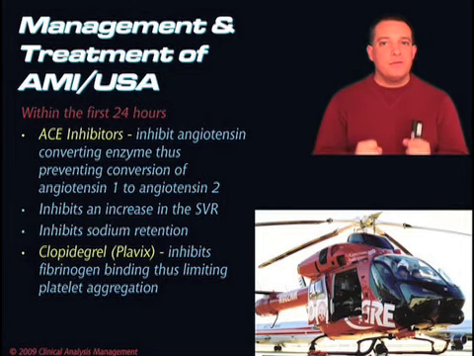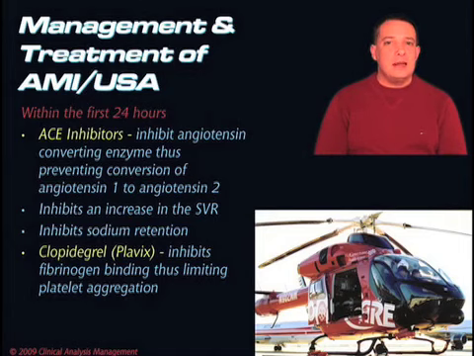Angiotensin 2 is a very profound vasoconstrictor, and so when we put somebody on ACE inhibitors, what we're doing is we're decreasing their afterload. We're decreasing the workload that the heart has to pump against. We have a decrease in SVR, and the other thing that it does is it inhibits sodium retention, so it prevents them from getting a buildup of sodium and thus a buildup of fluid like we classically see with CHF.